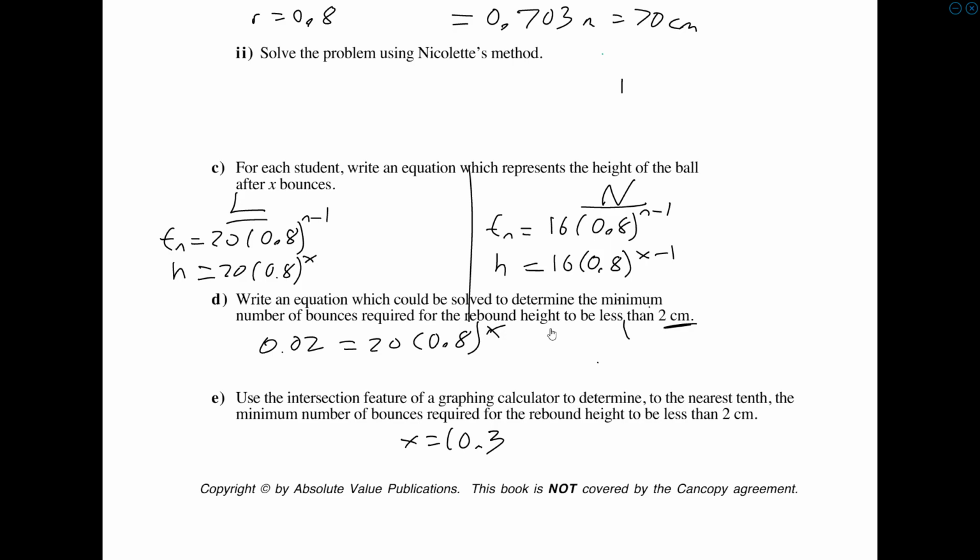The y is 0.02, barely above the axis. Yeah, exactly, unless you're really zoomed in. Can I just see what you put in? Oh, this one. Oh, mine actually. Oh, yeah.